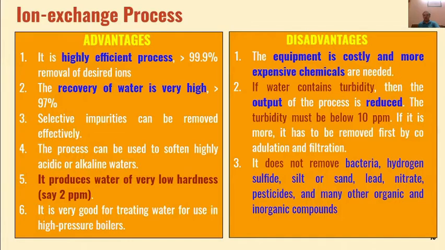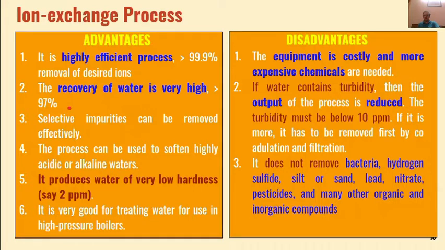The advantages, as I have told you: this is a very efficient process, highly efficient. More than 99.9% of all ions are removed, and that is why we say that this is a deionization or demineralization process. Recovery of water is very high, 97% of the water is recovered.